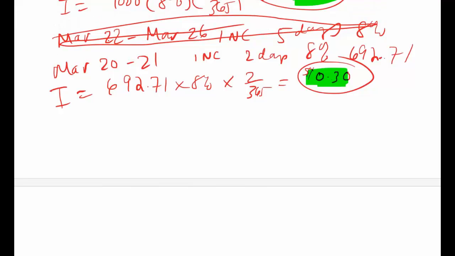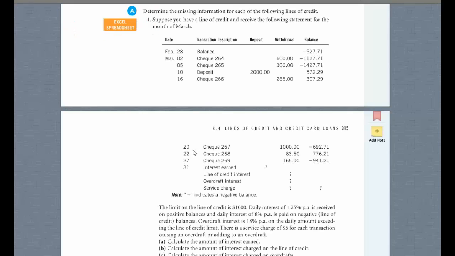The next one is March 22nd. No, did I screw that up? No, that's right, March 20th to 21st. And then from March 22nd to the 26th, because on the 27th, the balance decreases to 941.